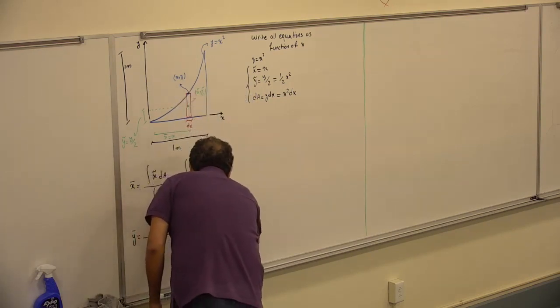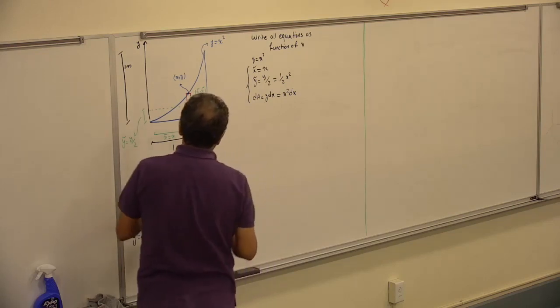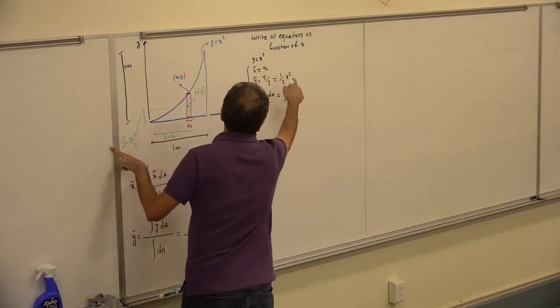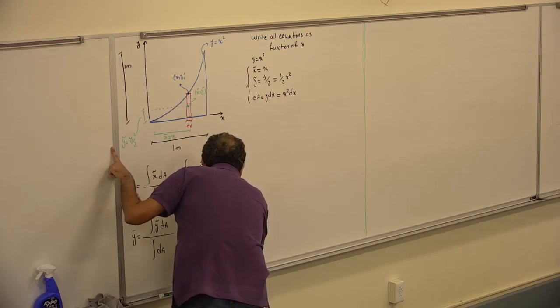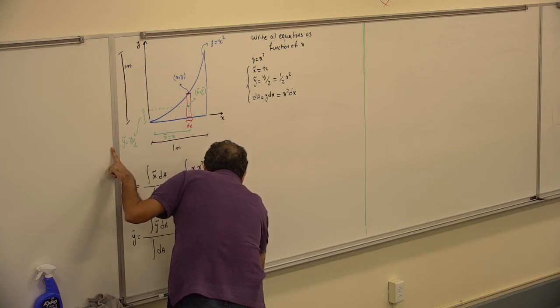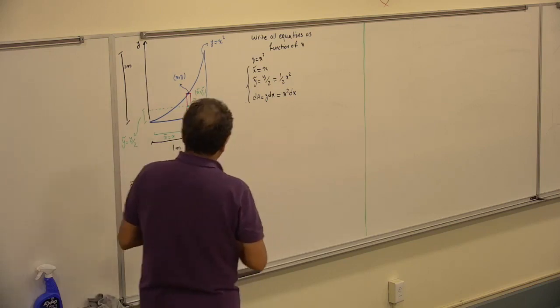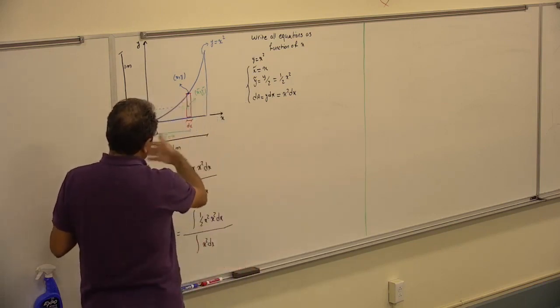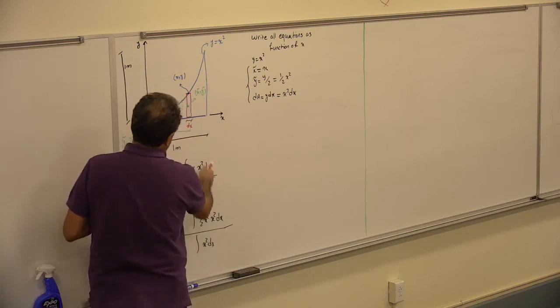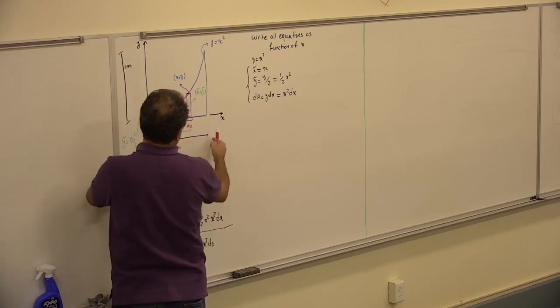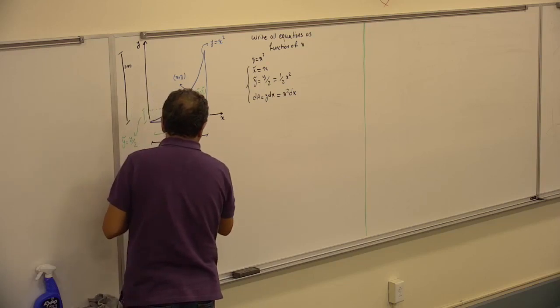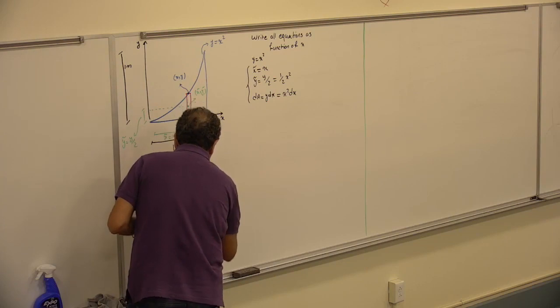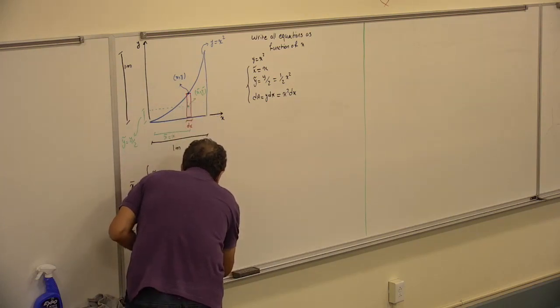For y, y tilde is half of x squared, with dA x squared dx. I'm integrating over x, so I go from x equals 0 to the maximum x, which is 1.